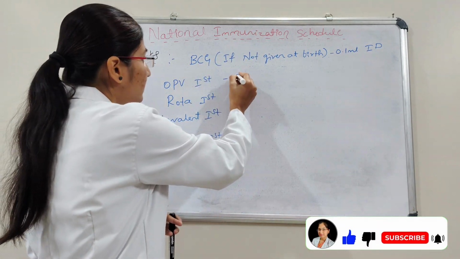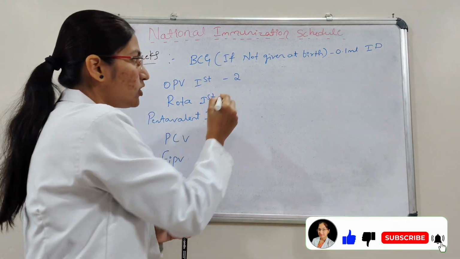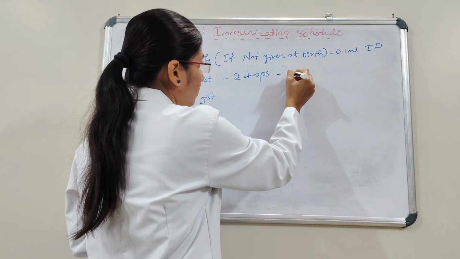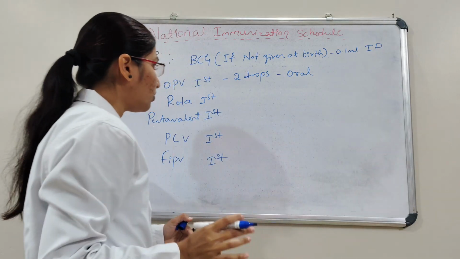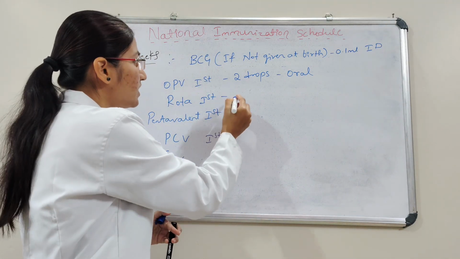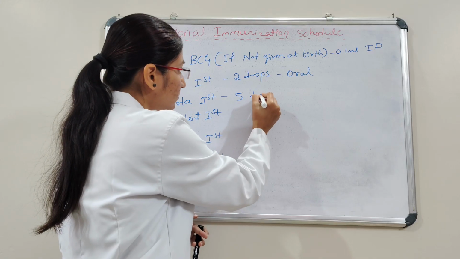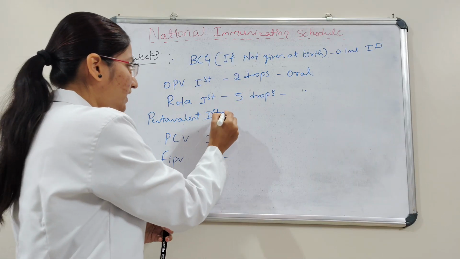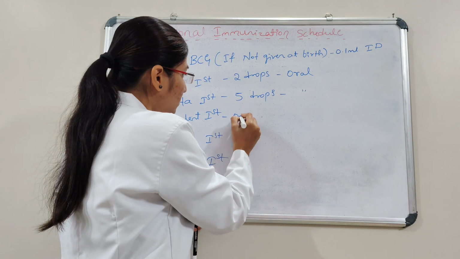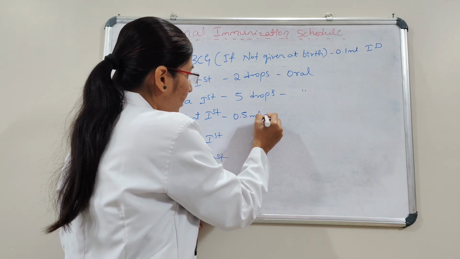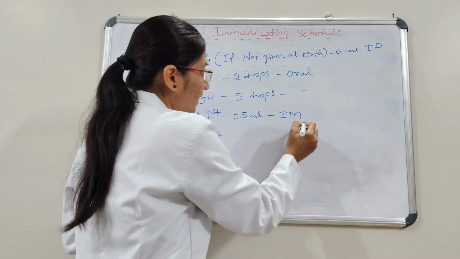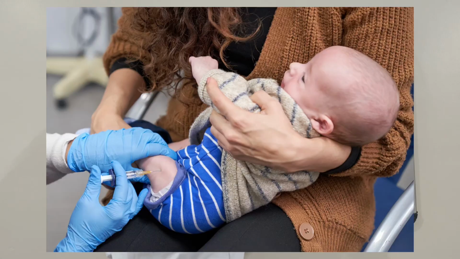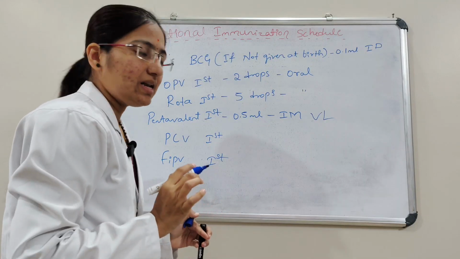Here OPV, that is oral polio vaccine, is 2 drops through the oral route, and then Rota is 5 drops. This is also oral. And then pentavalent, the dosage is 0.5 ml, that is IM, in the vastus lateralis muscle.